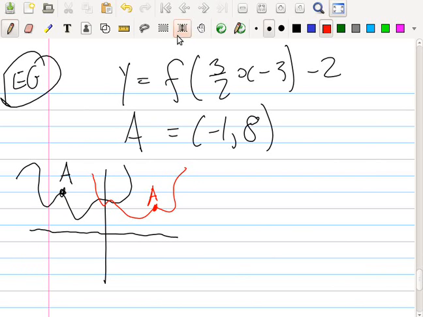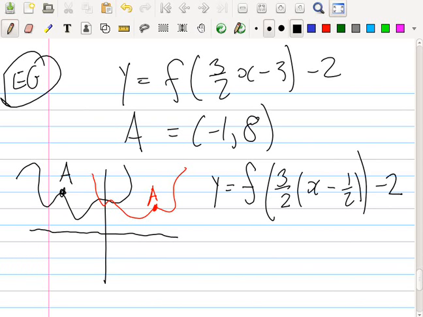So actually you just use the same rules as before. But before you do that, you need to write this in the usual form. So what can I do? I want to take out 3 over 2, giving x minus 2.